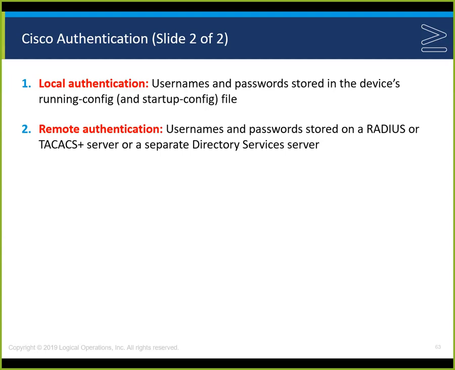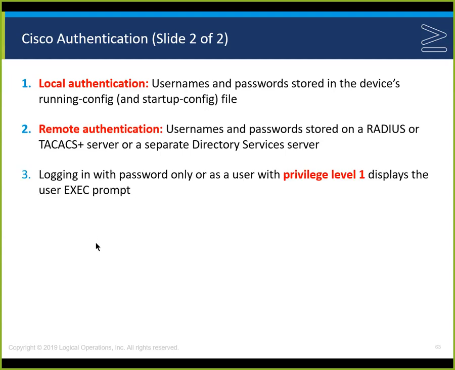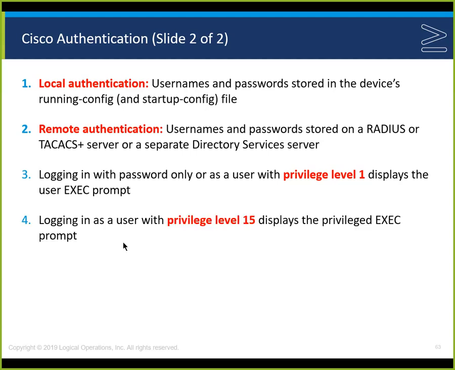Upsides, downsides, configuration, what kind of services do you have to have, can you use for each of these things. Logging in with the password only or as a user with privilege level 1 displays the user exec prompt. That was the original method that we did, and it didn't really have a password.